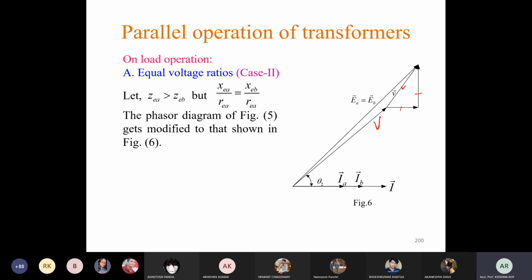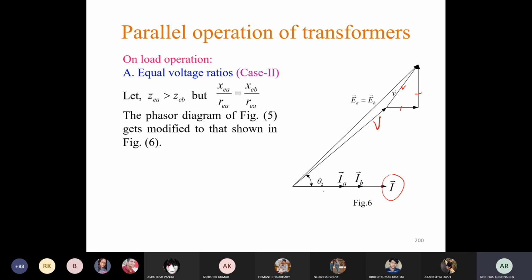So here the load sharing is unequal, but the two currents IA and IB and the total current I are in the same phase, so by adding IA and IB algebraically we will get I. Because they lie along the same line, we can simply add them, no phasor addition is required.